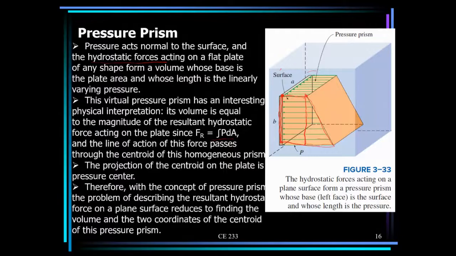If it is on the surface where you have atmospheric pressure acting, you have 0 pressure at the top because atmospheric pressure is taken as the reference pressure, which is 0. So pressure increases linearly downward, and it's going to be the area of the triangle times the breadth.